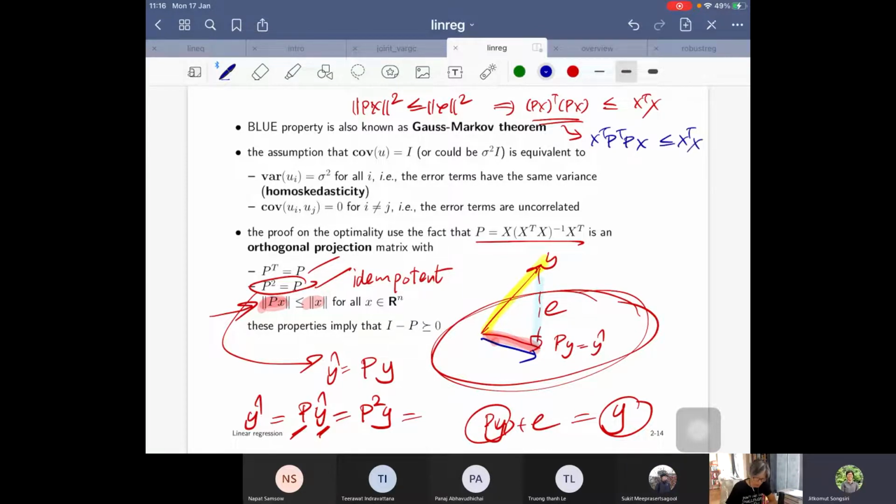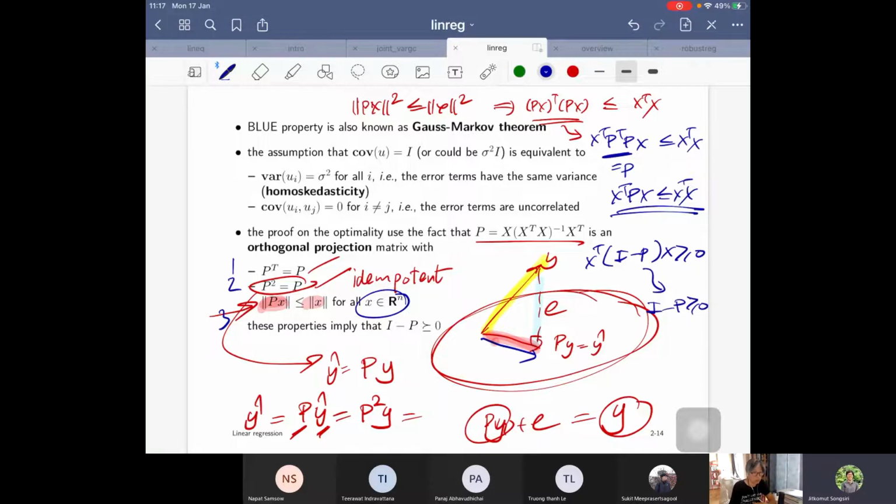Now, if P is an orthogonal projection matrix, P has the first and second properties, so P transpose P equals P. And then if you just move around the inequality, you get x transpose (I minus P) x bigger than or equal to 0. This holds for any x, which implies that the matrix I minus P must be positive semi-definite.